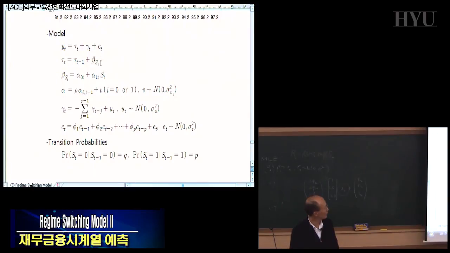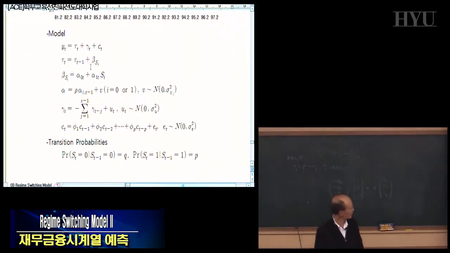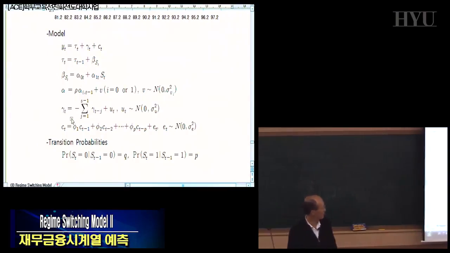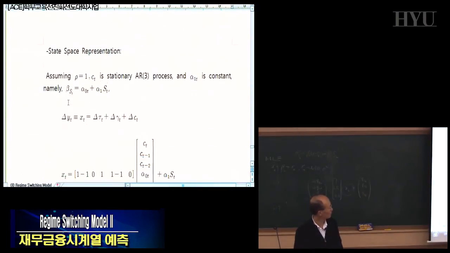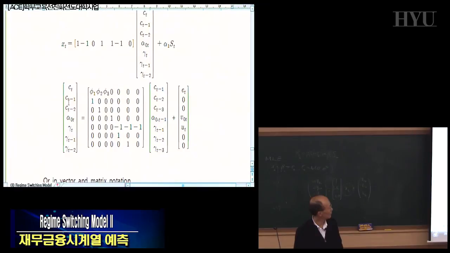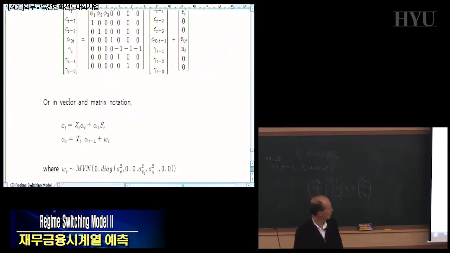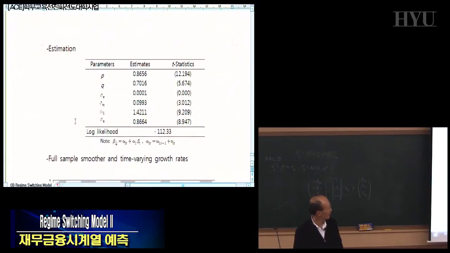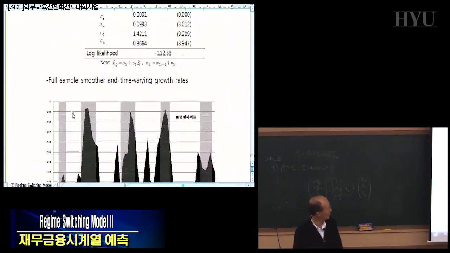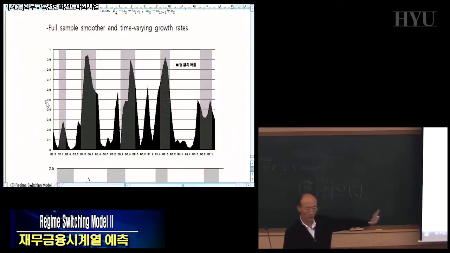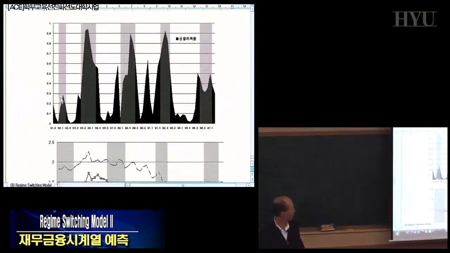We introduce this type of regime switching model into this growth rate, with some complication into the state space framework, and estimation is done somehow. This is the one I showed you the other day, right?